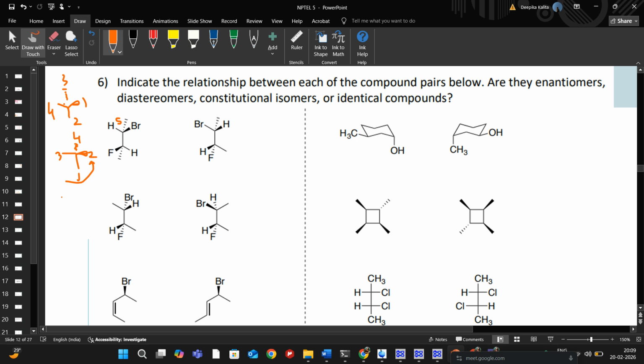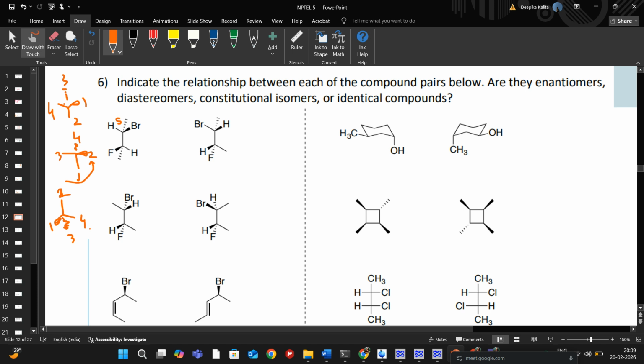Now we will do the same for the next chiral center in the molecule. Sorry, the fluorine will be the first priority. This will be the second priority. The hydrogen will be the fourth priority, and the methyl is going to be the third priority.